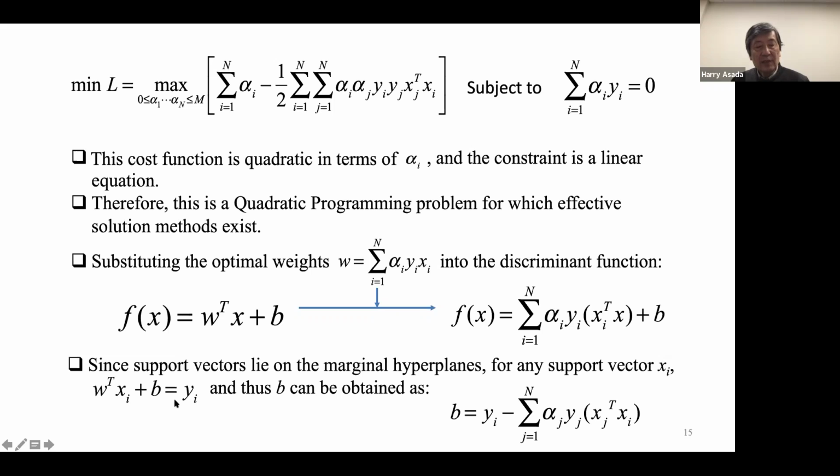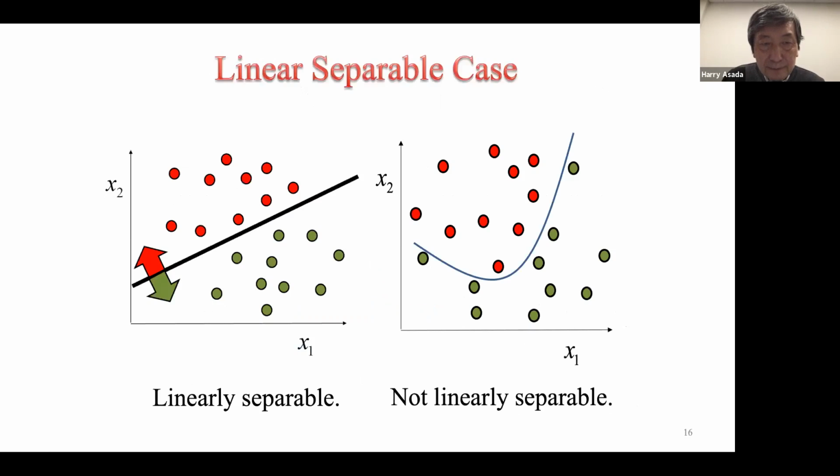This takes +1 or -1, depending on which side of the boundary you are looking at. Solving this, you can find b, and replacing w by this, you end up with this. So once you find the alphas from quadratic programming, you can determine all the w's and the b's this way. So that is support vector machines.